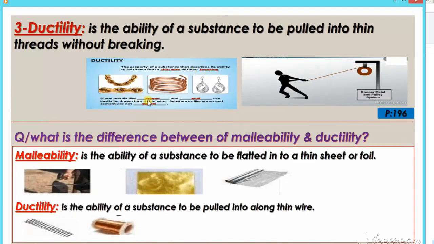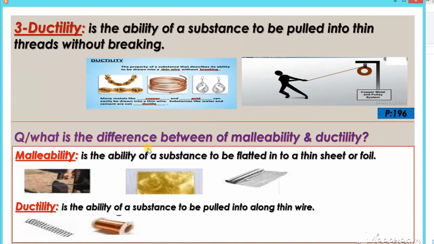Many metals like copper and gold can easily be drawn into a thin wire. Substances like water and cement are not ductile, because these substances can't be pulled into thin threads without breaking.